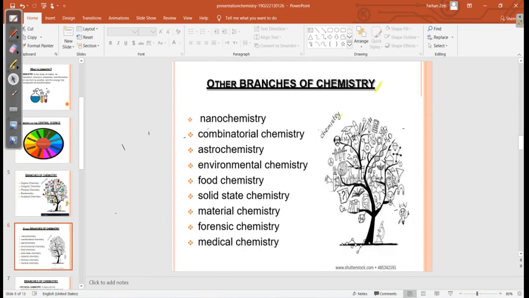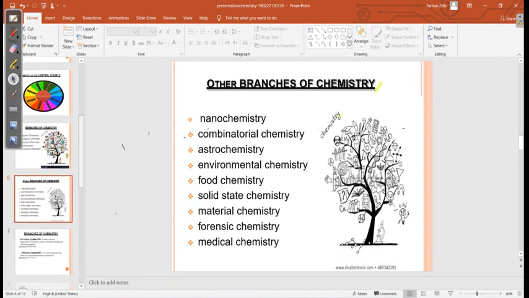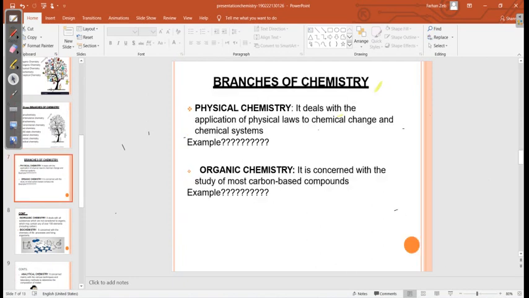And other branches of chemistry are the smaller branches, but they are much more important in our daily life and many other fields of science, like nanochemistry, combinatorial chemistry, astrochemistry, and environmental chemistry. It's very important nowadays. And food chemistry, solid chemistry, material chemistry, forensic chemistry, and medical chemistry. What are their uses? I will tell you in the next slides.